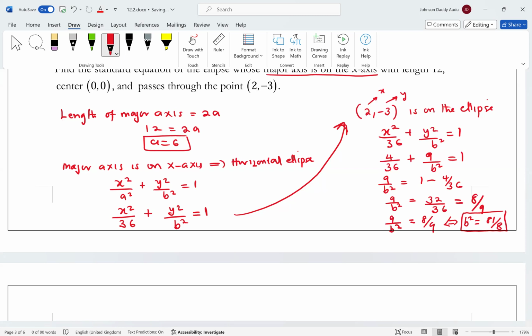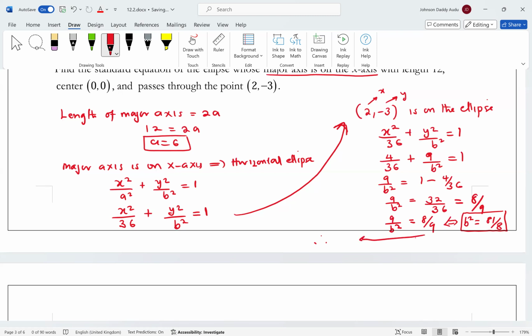So we can go back and finish. What will be our equation? Remember, our equation is x squared over 36 plus y squared over b squared, which is 81 over 8, equals 1.